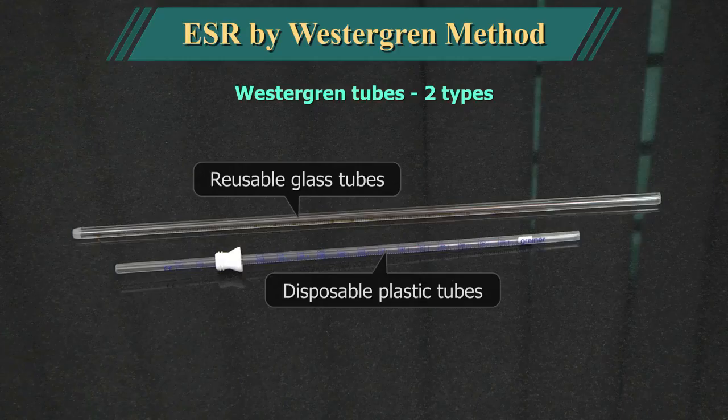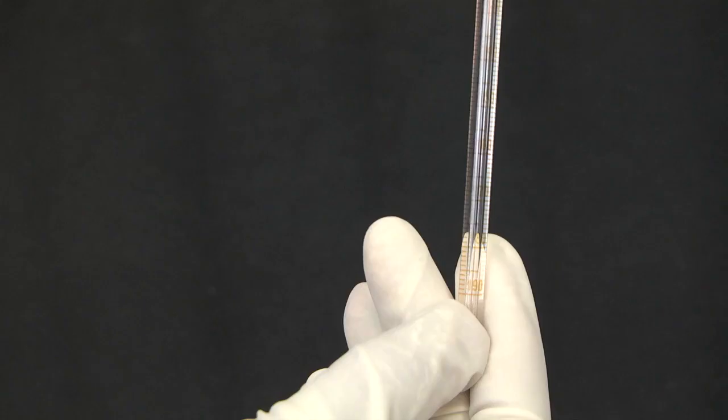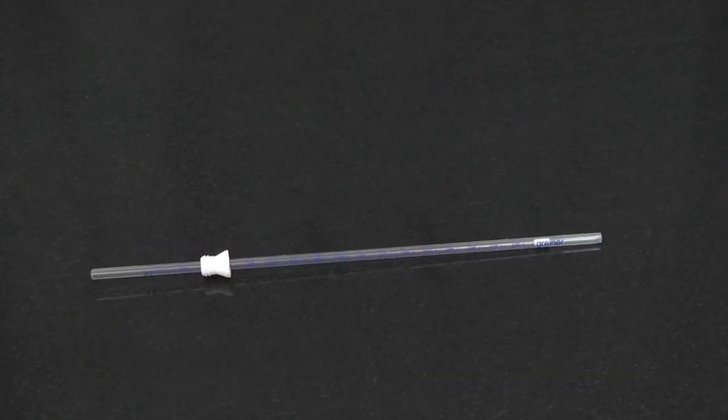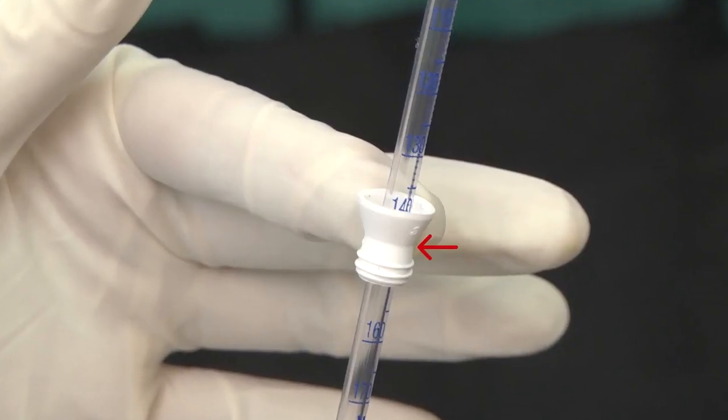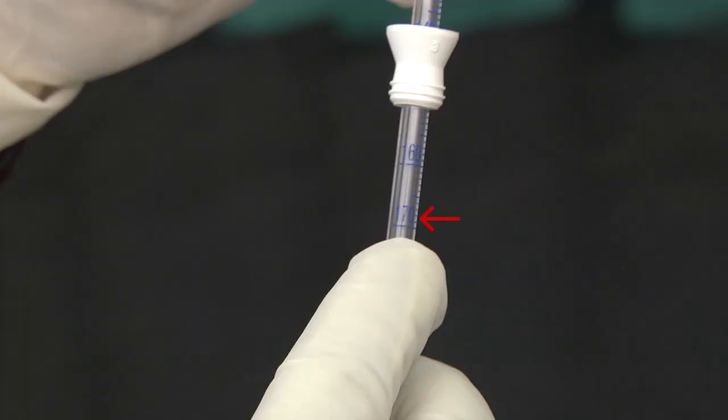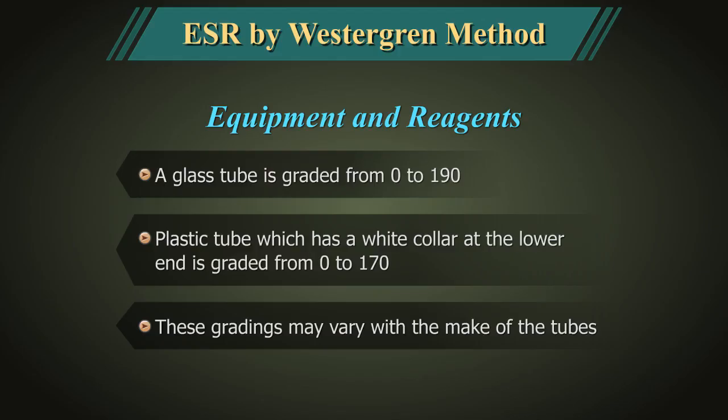These can be disposable or made of glass. A glass tube is graded from 0 to 190, whereas a plastic tube which has a white collar at the lower end is graded from 0 to 170. These gradings may vary with the make of the tubes.